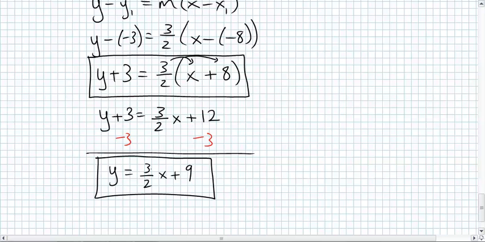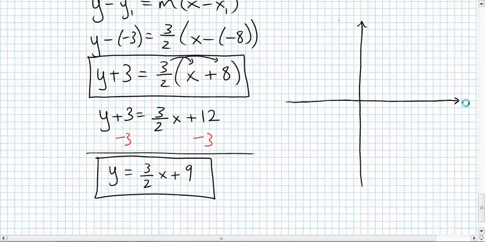Now what happens if I graph that line? So there's my x-axis, my y-axis. Okay, so I know I want to go through the point -8, -3. 1, 2, 3, 4, 5, 6, 7, 8. 1, 2, 3. So there's my point -8, -3.